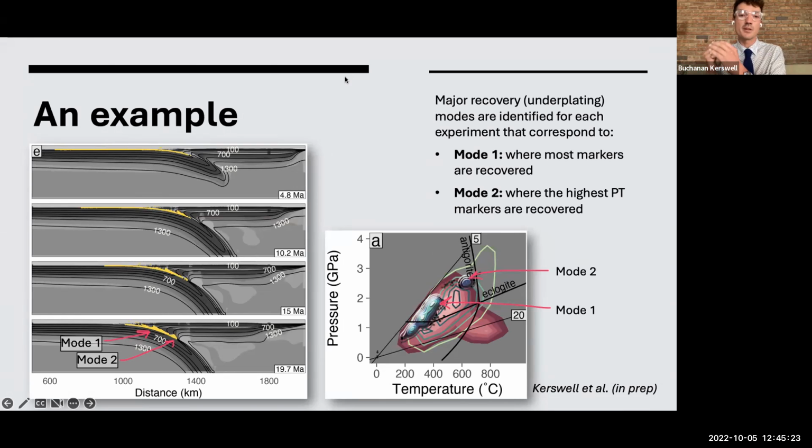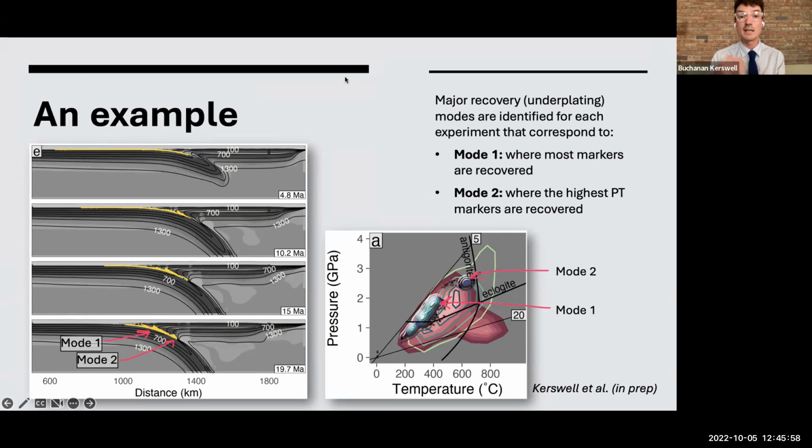We want to understand where they are getting recovered from and how the recovery of those markers changes when we change different subduction zone parameters. Because we have millions of these markers, we look at just the two most important modes of recovery. The first mode, what we call mode 1, is the highest peak. It's the highest density, the location in PT space where most markers are getting recovered from.